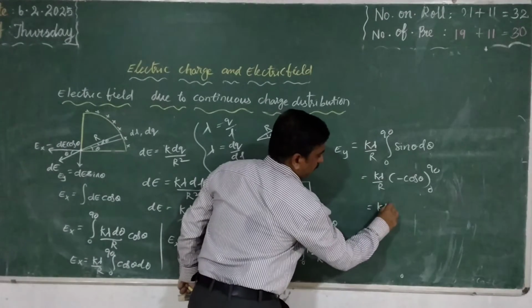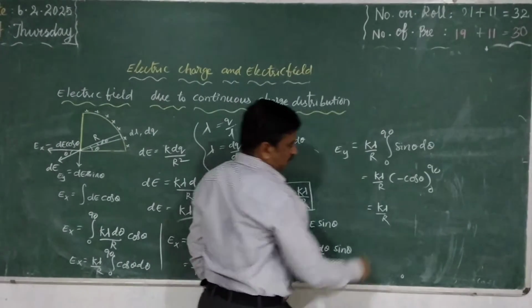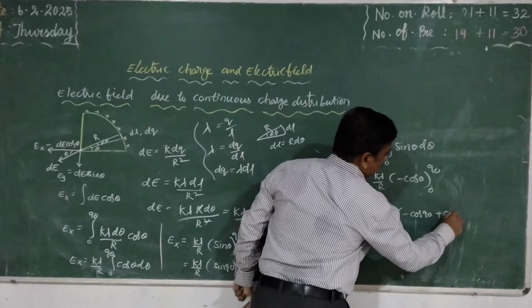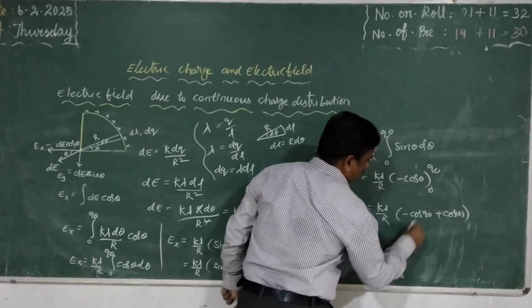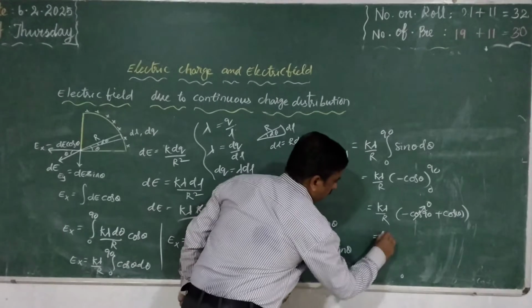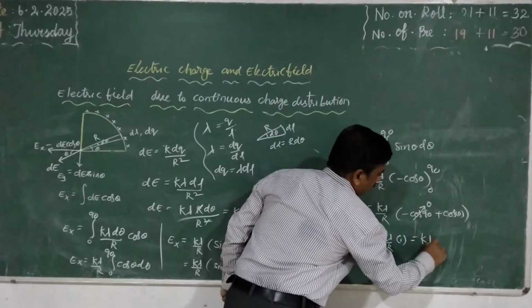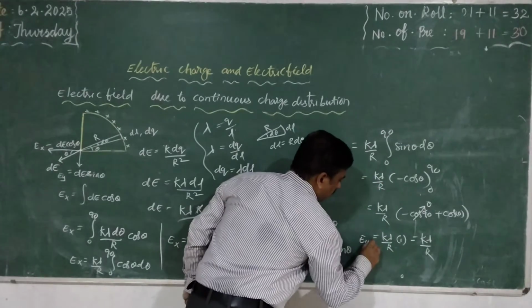So k lambda by r, cos 90 minus cos 0, with the minus sign: cos 90 is 0, cos 0 is 1. So we get k lambda by r. It is along the y axis.